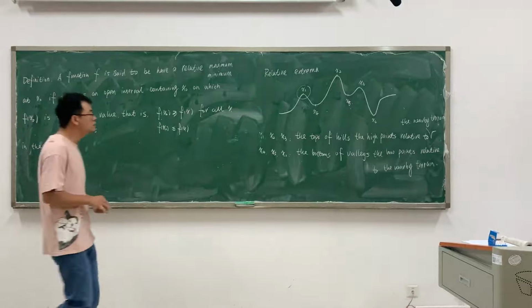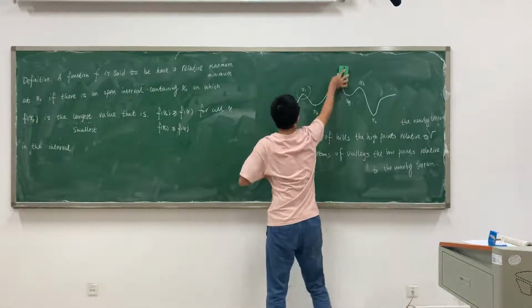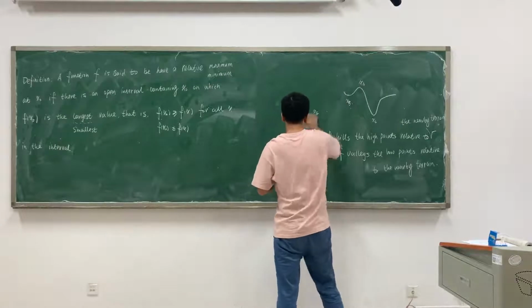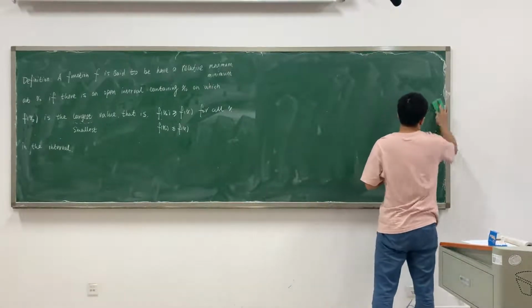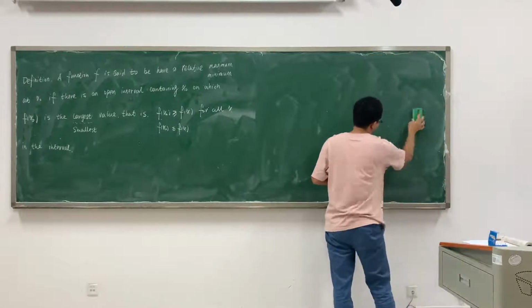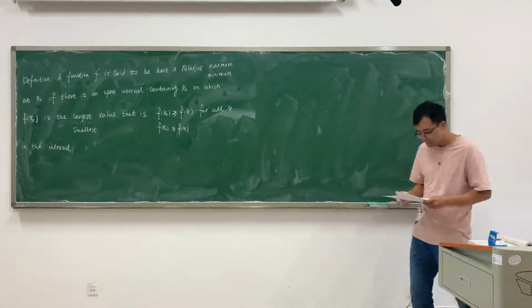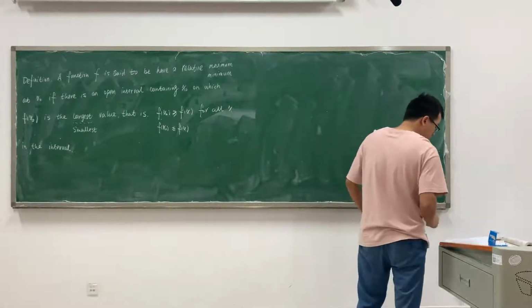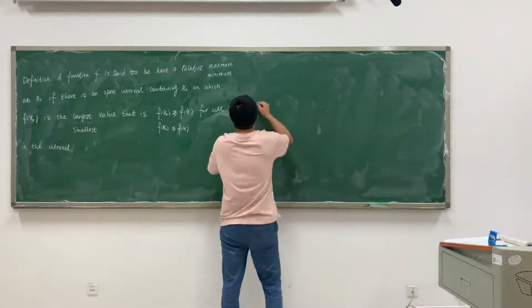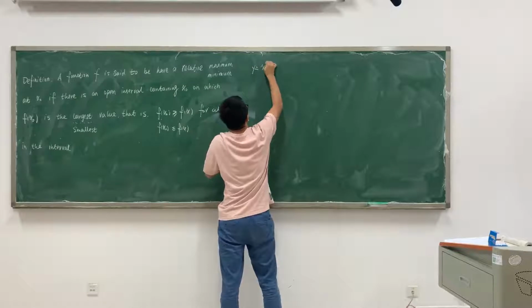Now we give some examples. For the first one, we have y equal to x squared.